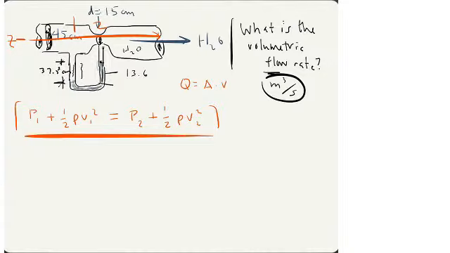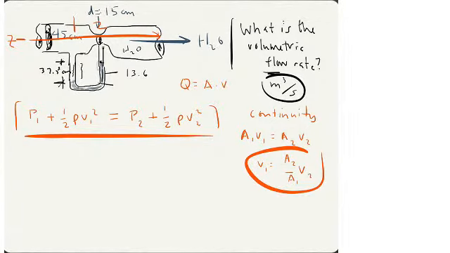The other relationship that we know from the continuity equation is that area 1 times velocity 1 is equal to area 2 times velocity 2. So we can substitute for one of the velocities since we know the areas. So V1 is A2 over A1 times V2. We can substitute for the velocities once we get that relationship, and then solve for the velocity.